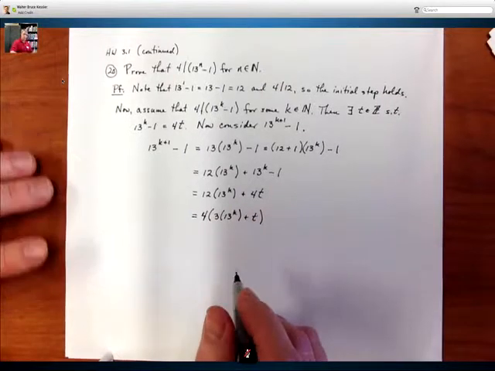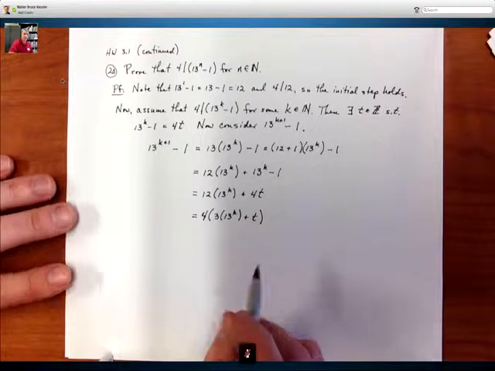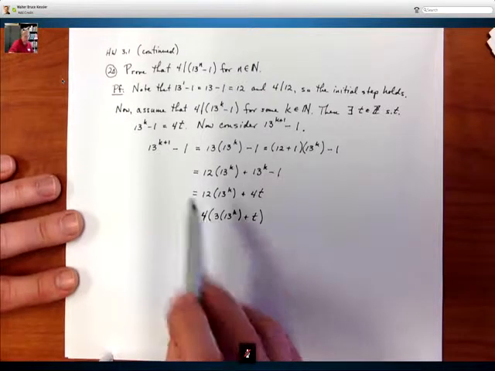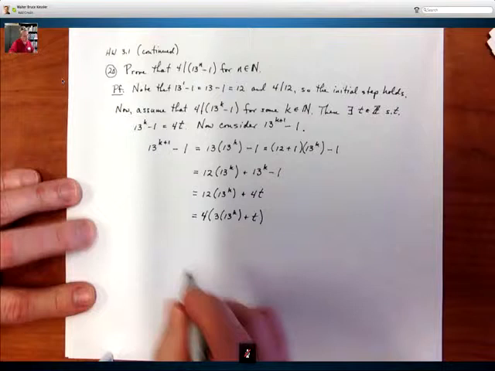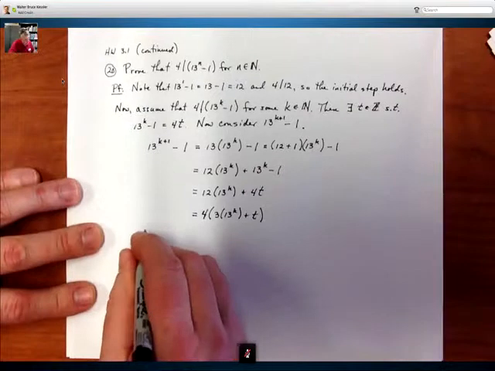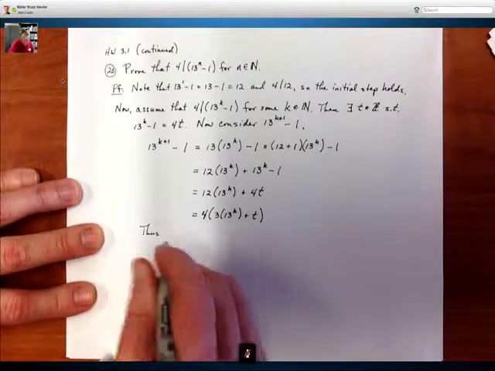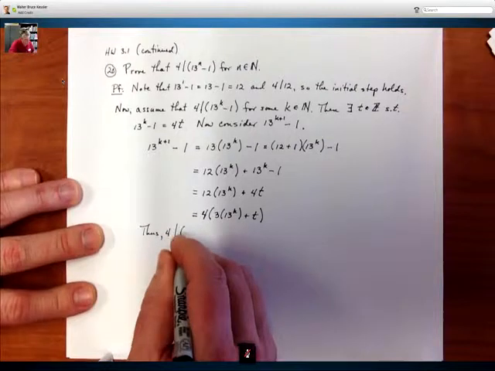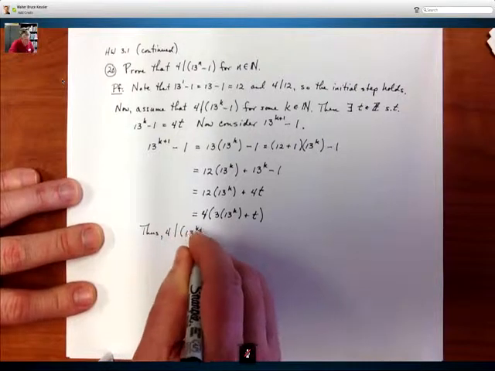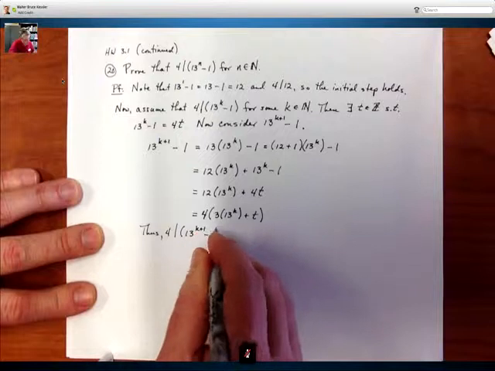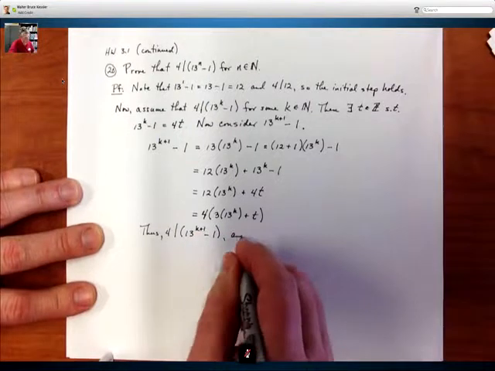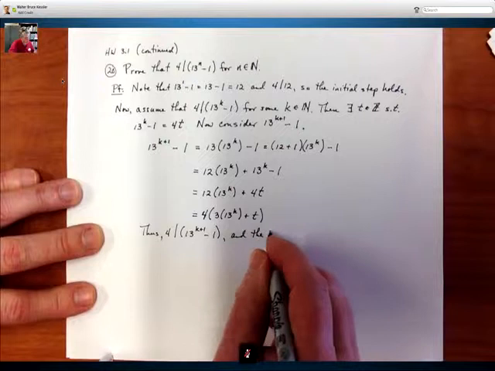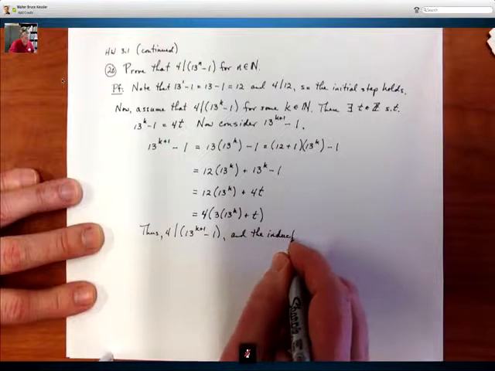Okay. So I think we got it. That's going to tell me then that 4 divides 13 to the k plus 1 minus 1, and then the inductive step holds.